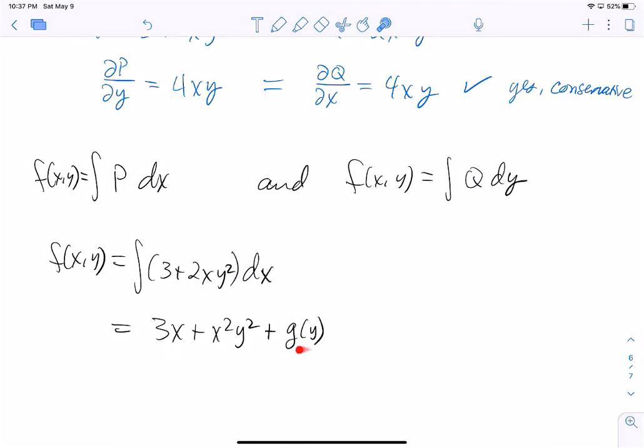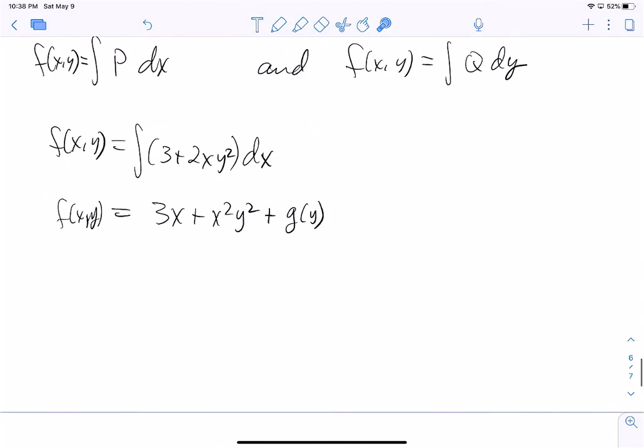And so the constant could still depend on y. So we say the answer here is that f of x, y, the potential function, is equal to 3x plus x squared y squared plus g of y. Now I'm going to show you the technique that our author uses to recover basically what g of y is.